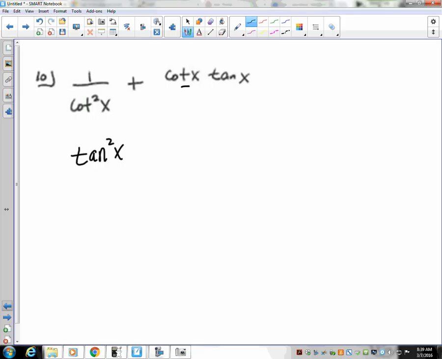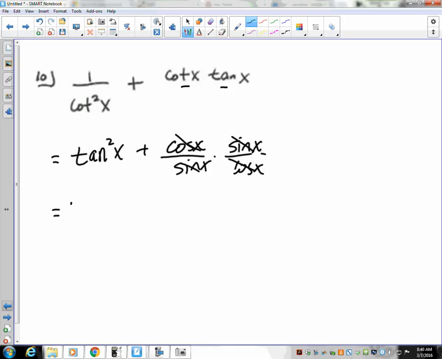Now, to clean this up, because these are reciprocals, I'm going to change those to sine and cosine. So cotangent x would be cosine x over sine x. And then tangent x would be sine x over cosine x. So those all cancel there and just give me 1.